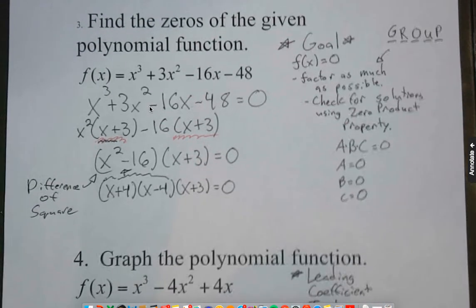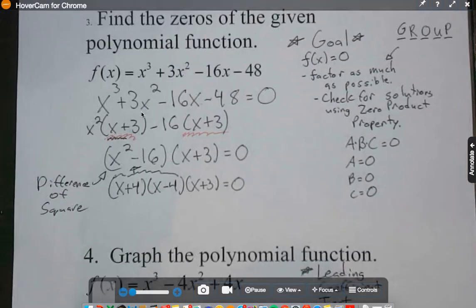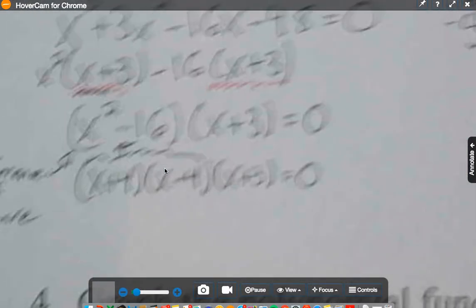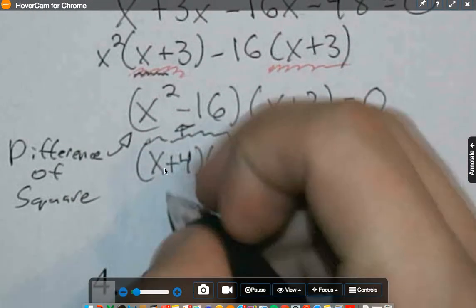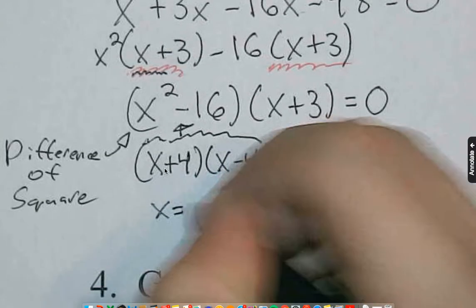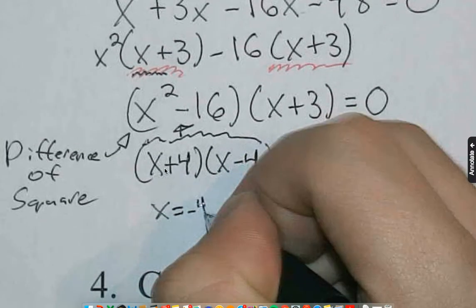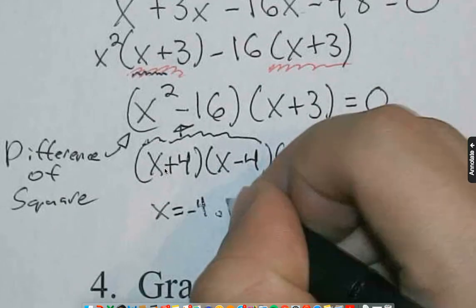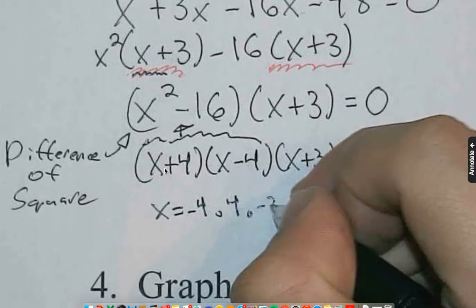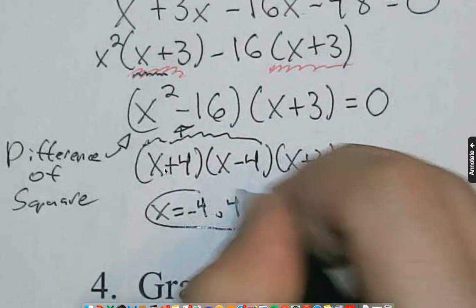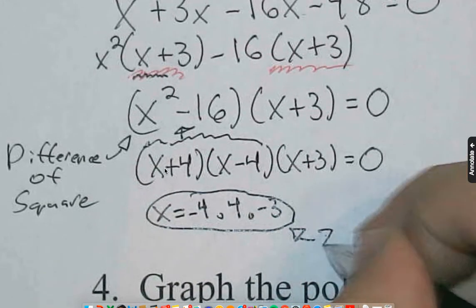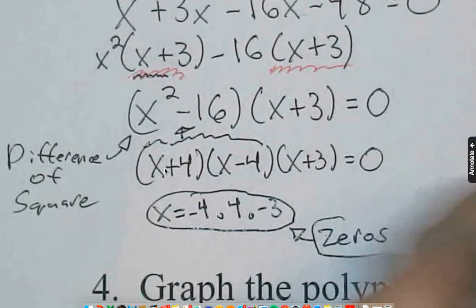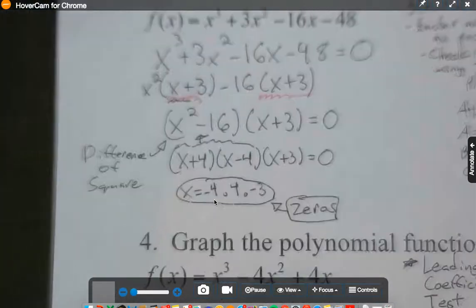So if you set up the 3 one-step equations, you can do that. It's basic algebra 1, but I'll jump ahead and say that x could be equal to negative 4, positive 4, negative 3. These are our zeros. So we have 3 of them.